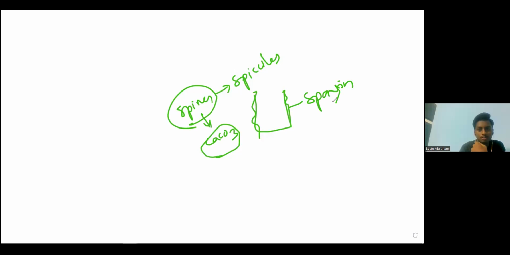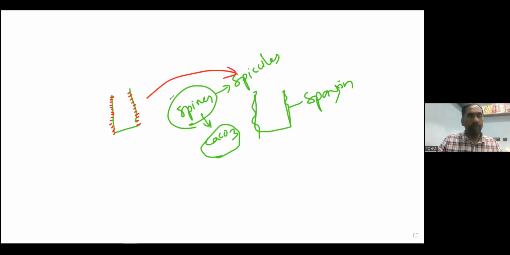Can you explain this again? In the body wall, we can find a skeleton made up of small spicules. What are spicules? Small spines. They give support to the animal.